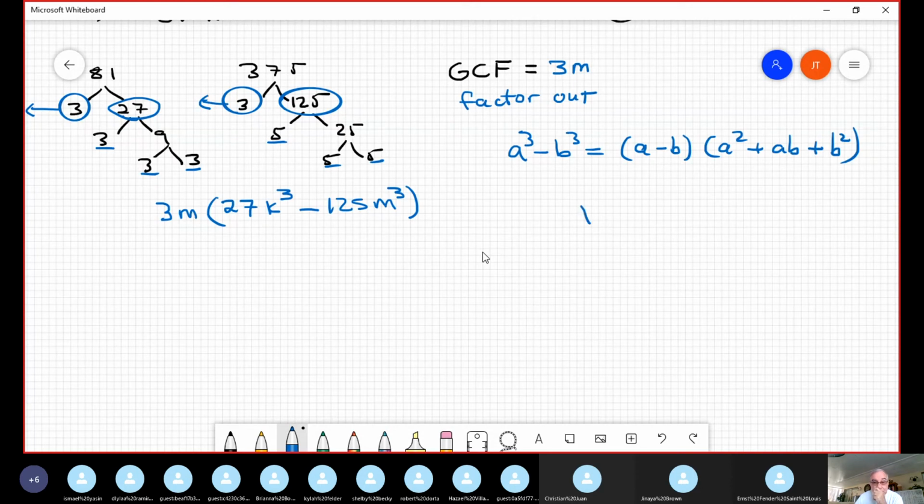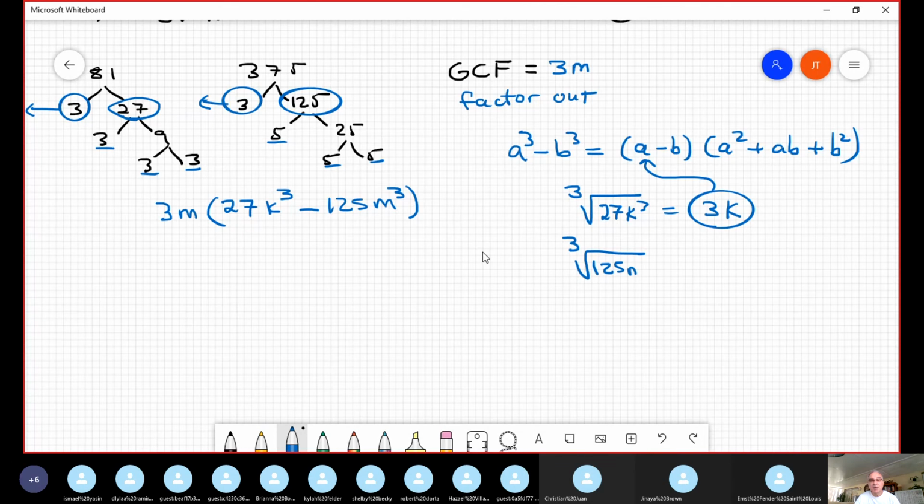Well, a is the cube root of 27k cubed, which is 3k. This works in my formula as a. And the cube root of 125m cubed is 5m, and it works in my formula as b.